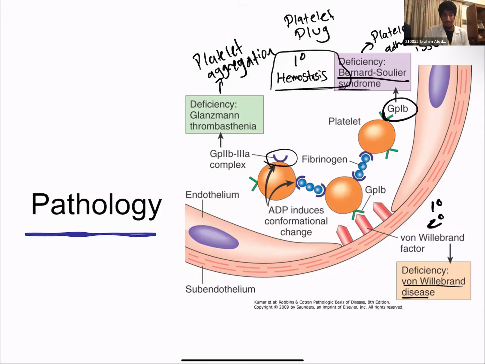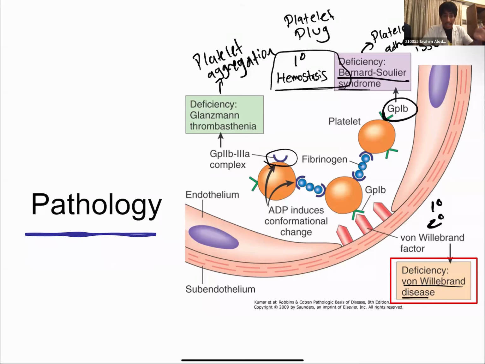Von Willebrand factor, kind of common pathway. Von Willebrand factor is the only factor that is actually involved in both primary hemostasis and secondary hemostasis. Its involvement in primary hemostasis is that, oh no, I spoiled it. Its involvement in primary hemostasis is that it acts as a place for platelets to adhere.